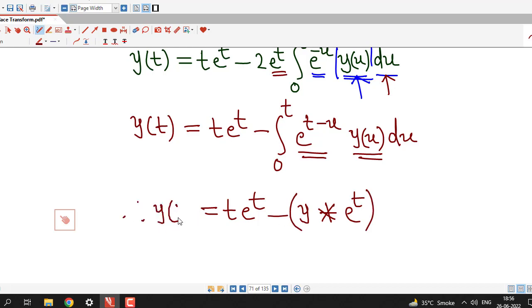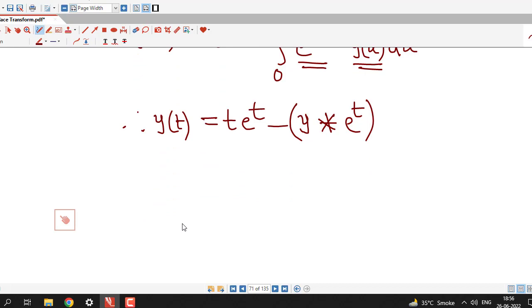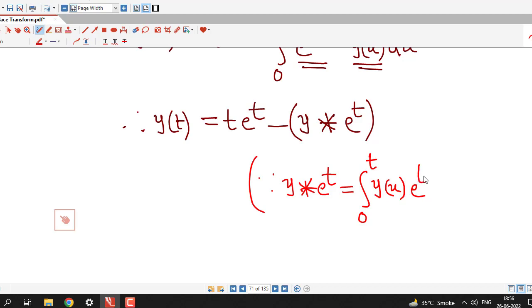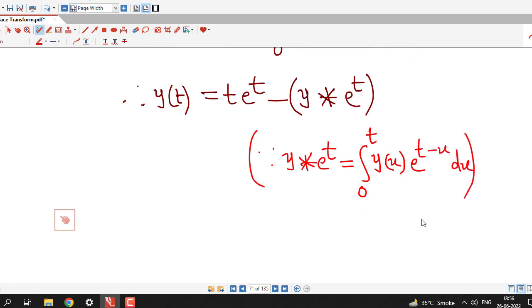Therefore y of t equals t e raised to t minus y star e raised to t, and we can mention in the bracket that by the definition of convolution, y star e raised to t equals the integral from 0 to t of y of u e raised to t minus u, where the integral is with respect to u.